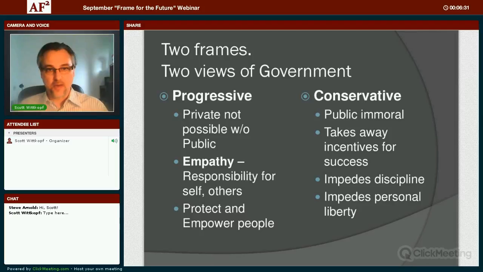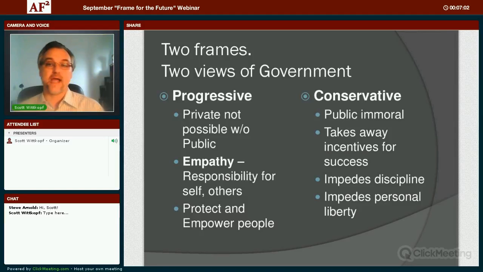Second is the core value of empathy, which in this case means that we have responsibility not only for ourselves but for others as well. This is somewhat the core of the progressive view of government. And finally, the idea that government has a moral role to play, and that is to protect and empower people. You can see how this cuts across every issue.